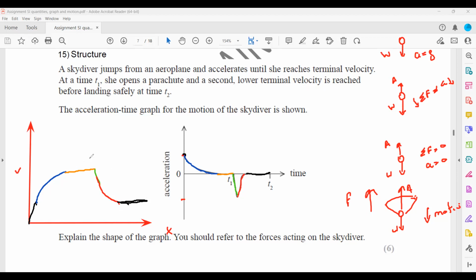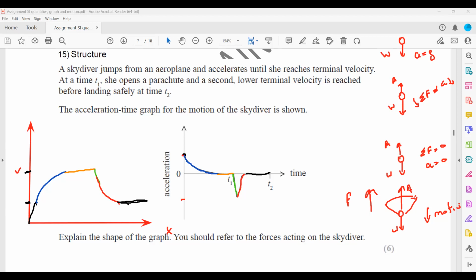The difference between the two constant speeds, the terminal speeds, is that initially she had a higher terminal speed without a parachute, but with the parachute she will have a lower terminal speed. So you have to mention these points whenever you're explaining the motion of a skydiver or a paratrooper. Initially, the maximum acceleration, then the acceleration decreases, then there's no acceleration as the air resistance balances with the weight.